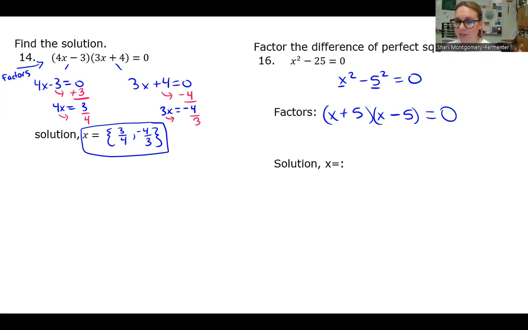So once you have factors, to make solutions you have to set them both equal to 0. So I get x plus 5 equals 0, and then x minus 5 equals 0. To solve, these are simple, one step. What do I do?